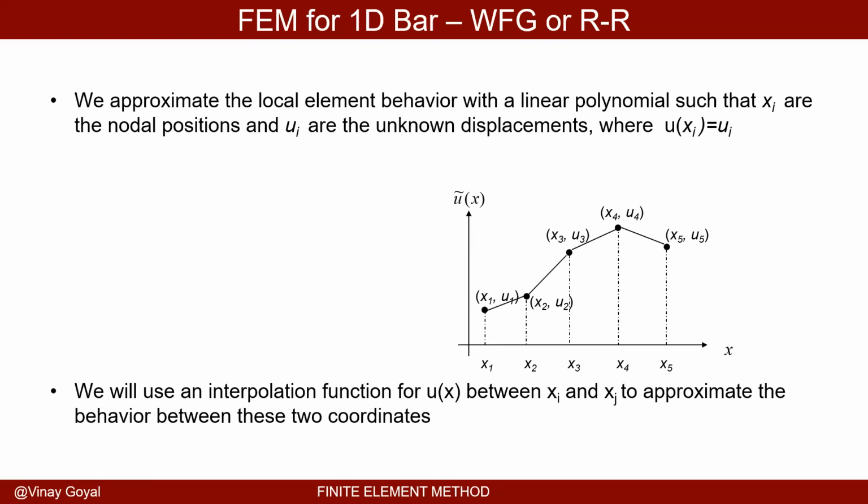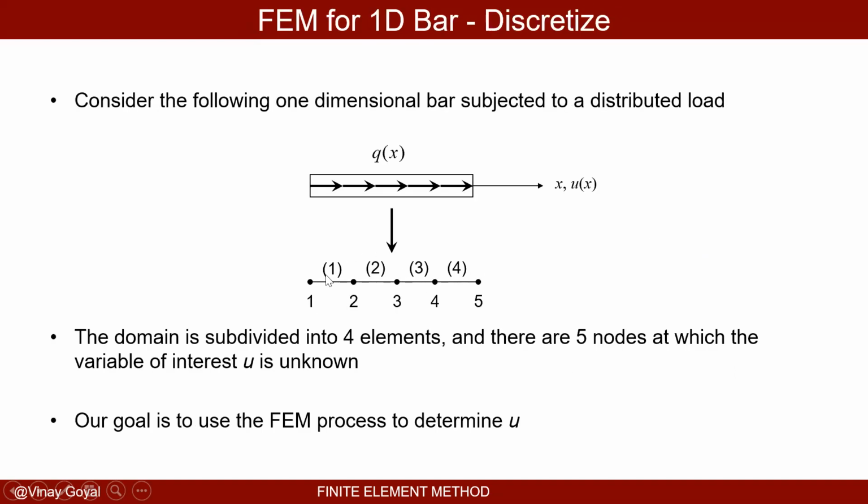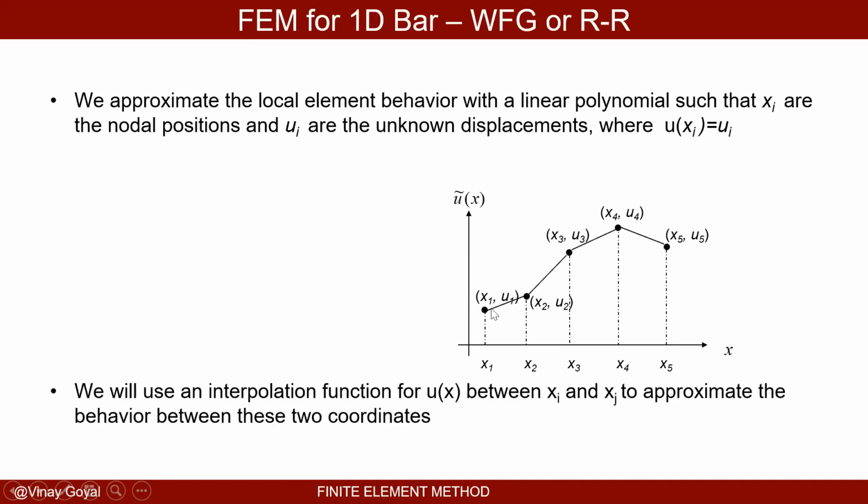We will use an interpolation function ux between xi and xj to approximate the behavior across these coordinates. If I had an exact solution that traverses the points, a linear polynomial is an approximation over that element, because I divided this domain into 4 elements. u1 is a deflection at x1, u2 is a deflection at x2, and so forth.